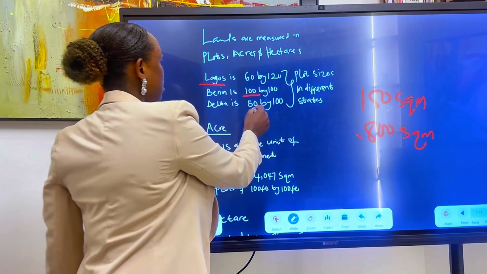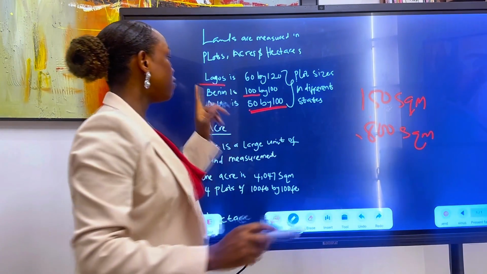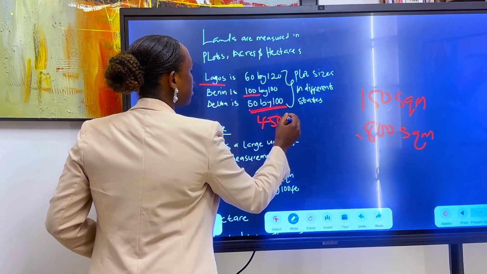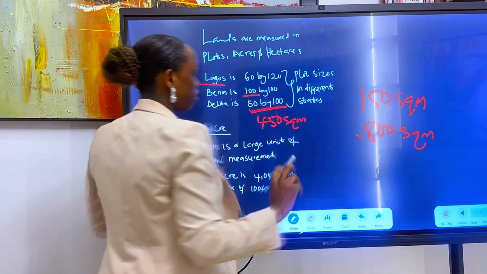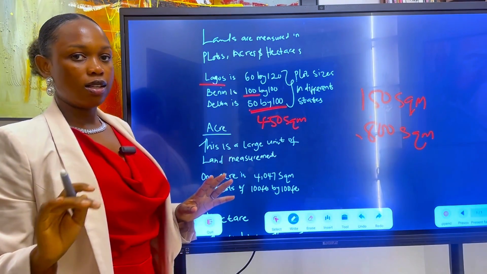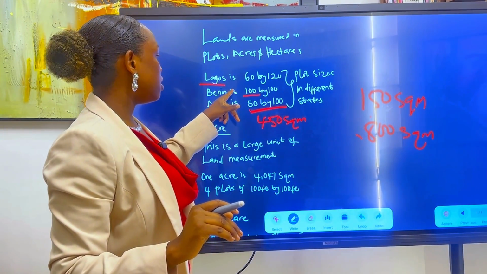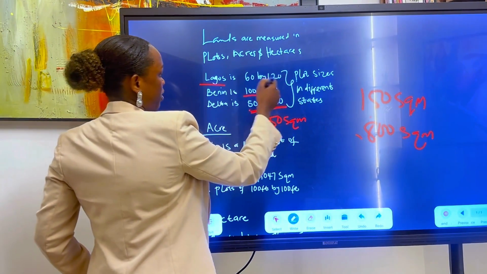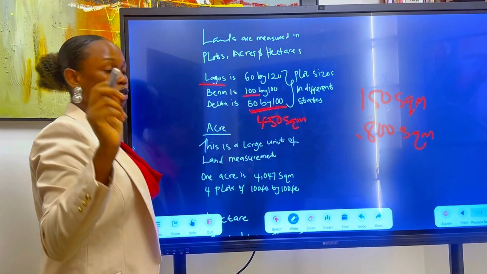If I'm converting 50 by 100 to square meters, it's going to give me 450 square meters. Then also, if you are converting 100 by 100 feet, it's going to give you 900 square meters.